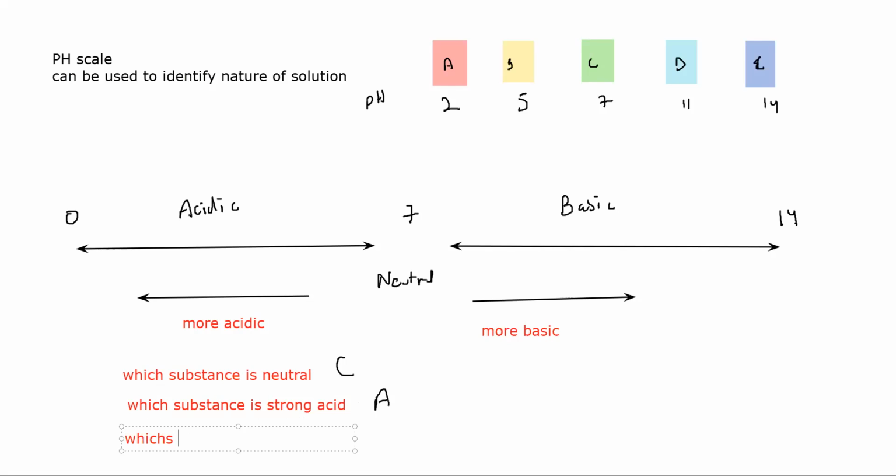Which substances are acids? A and B. And which substance is a weak base or weak alkali? D. Is the concept of acids clear? Now, which substance contains the greater number of hydrogen ions? Substance A.